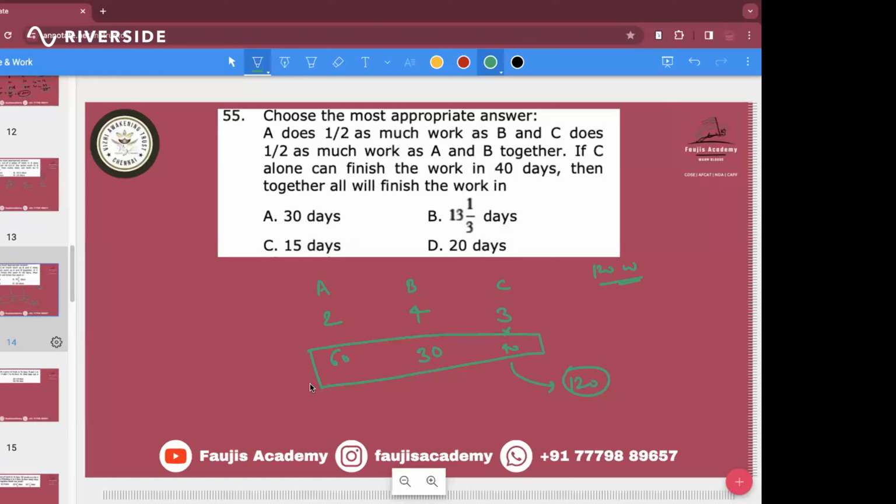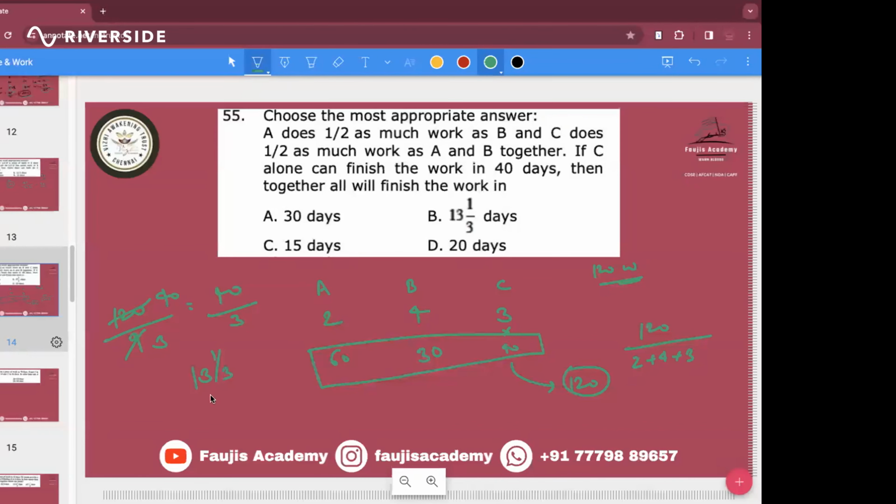So when will they be able to finish off the entire work? 120 divided by 2 plus 4 plus 3. Am I on the right track, Harita? Yes, sir. That's 40 by 3.